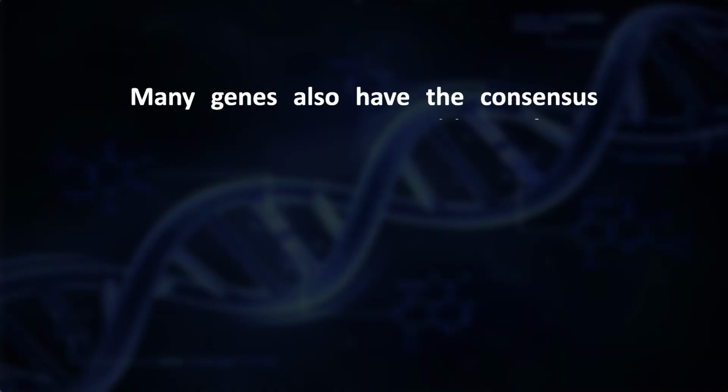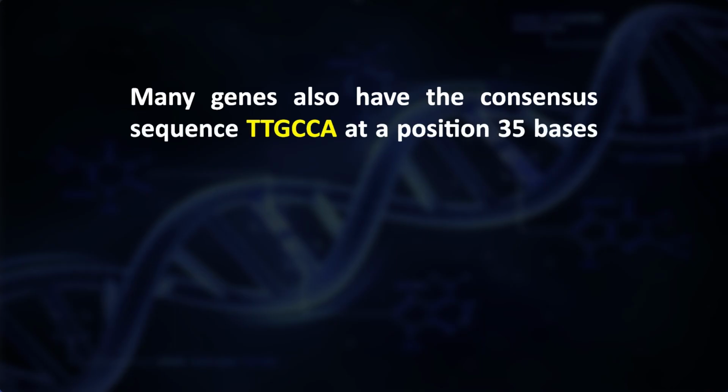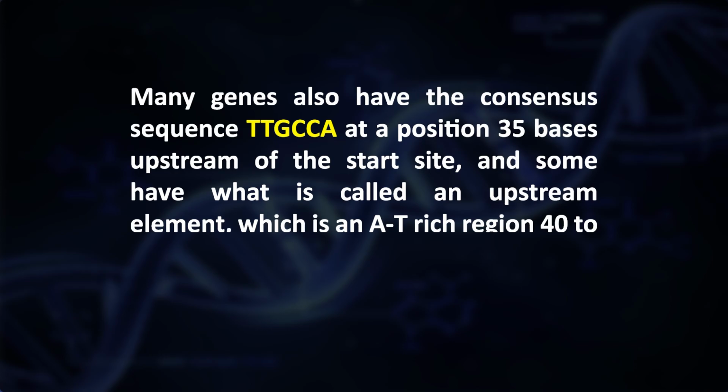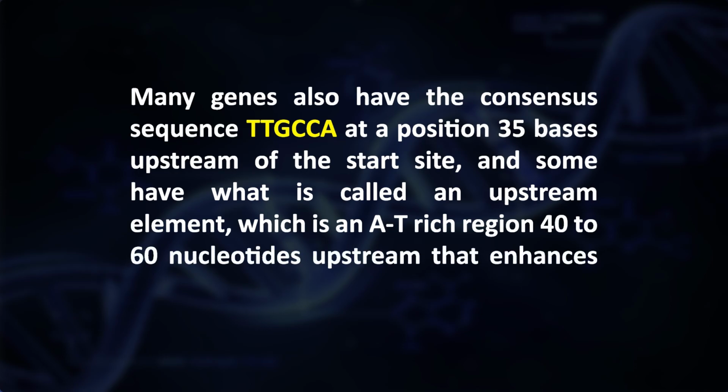Many genes also have the consensus sequence TTGCCA at a position 35 bases upstream of the start site. And some have what is called an upstream element, which is an AT-rich region 40 to 60 nucleotides upstream that enhances the rate of transcription.